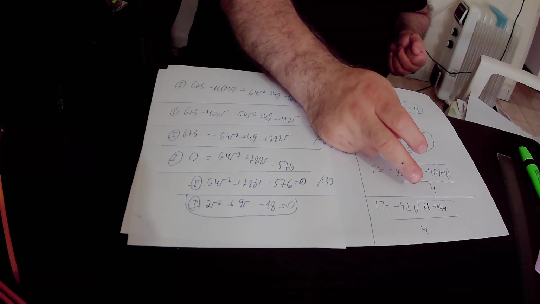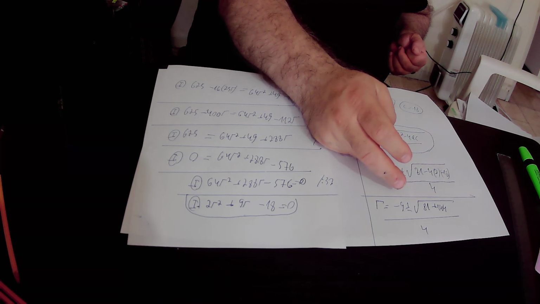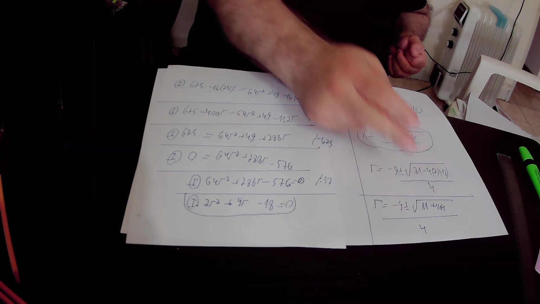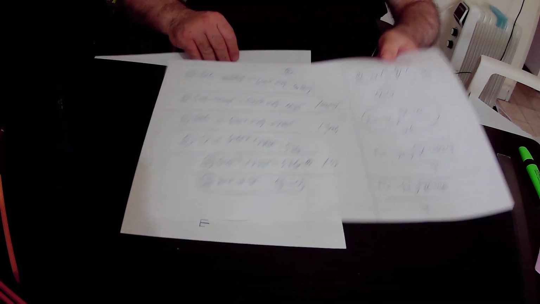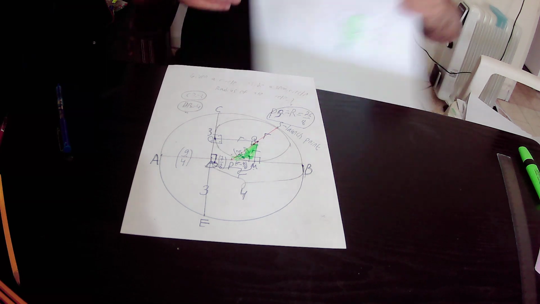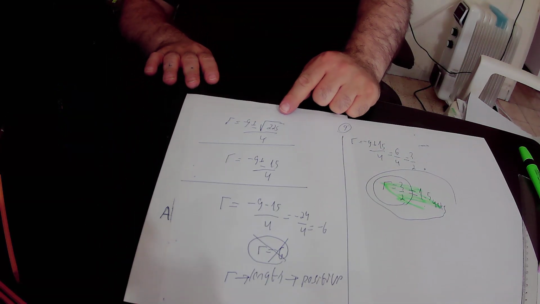Inside the root we have, in conclusion, 81 plus 144. So here r equals minus 9 plus minus square root of 81 plus 144 over 4. Over 4, of course. Here 81 plus 144 is 225.